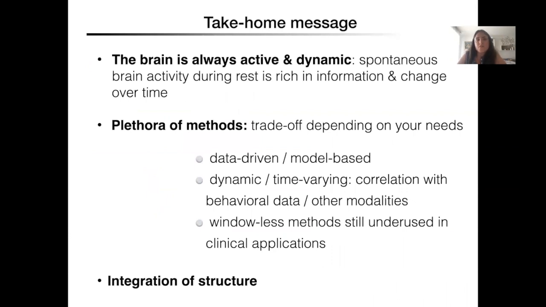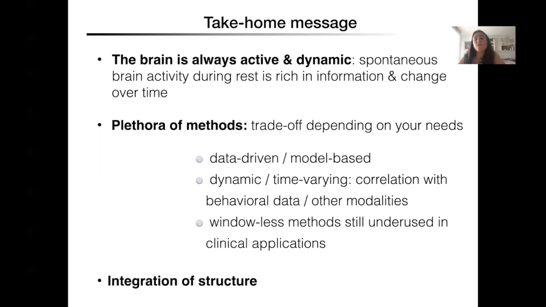This is it. As a take-home message, I will be very short. We can conclude that the brain is always active and dynamic. So it's not enough to look at functional connectivity in a static way, ignoring temporal variations. And to investigate temporal variations, there's a plethora of methods, and the choice really depends on the specific needs of the analysis or of the project.